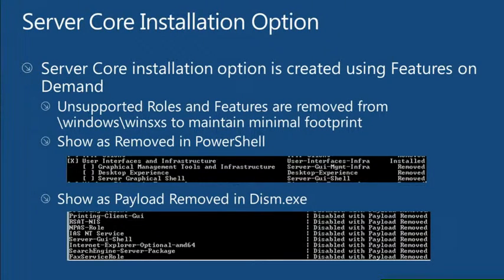And you can see in the examples here, and I'll show this in the demo, anything that's not supported on server core, depending on the tool you use, will either be shown as removed or disabled with payload removed. And what you can then do is specify a source location for it to go install those things from. So once you remove something, there's still a way to bring it back.